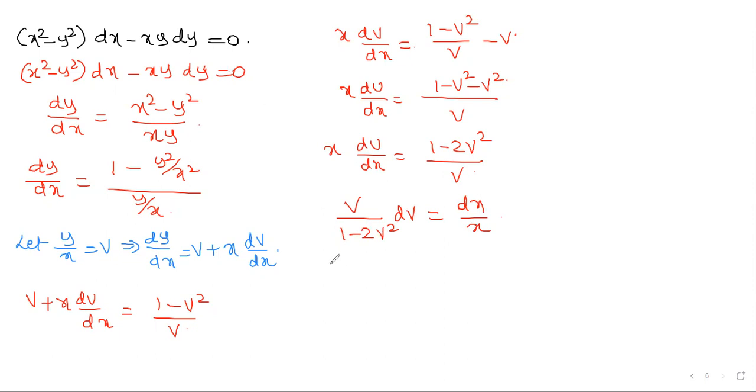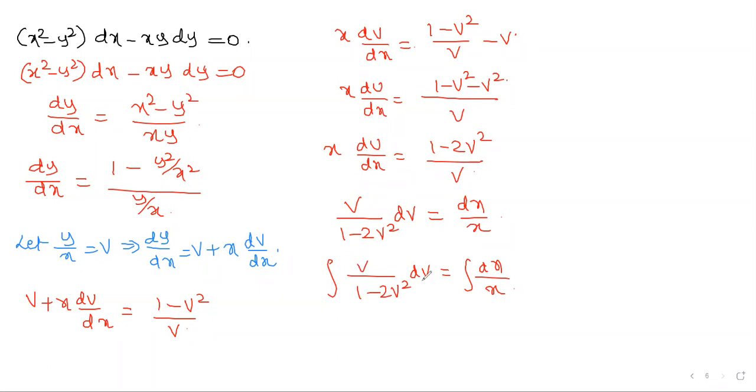So integrating here, integral v by (1 minus 2v square) dv is equals to integral dx by x. What is the differentiation of this one? Here the differentiation of 1 is 0 and of 2v square it becomes minus 4v.